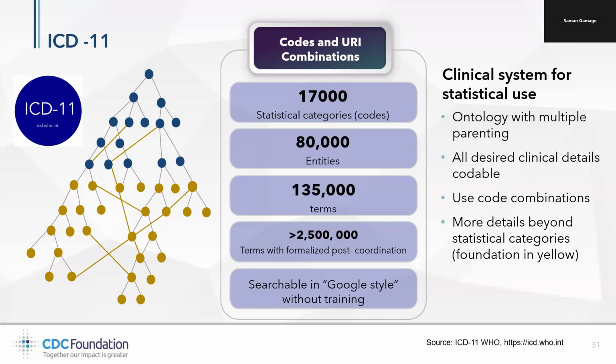The foundation. As you can see in this chart, there are blue dots. Blue dots are the categories or entities with ICD-11 codes. But within the foundation, there are other categories; even though they do not have ICD-11 codes, they have unique resource identifiers, because it's a combination of codes and URIs.